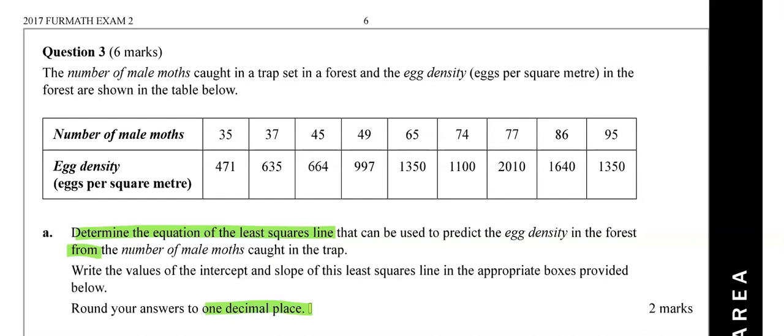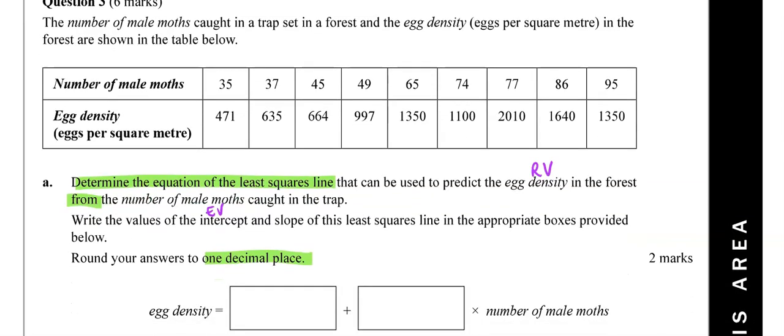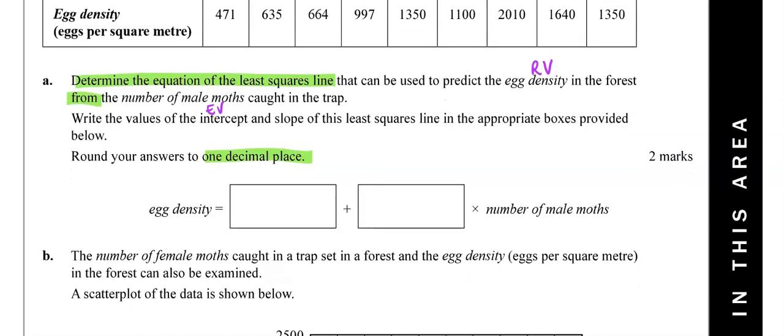But before we have to think too much, there's 2 giveaways, or actually 3 giveaways on this page. Firstly, we've got the way that the information is structured in our question. We're predicting egg density from the number of male moths. So that should tell us that egg density is our response. The second place where we can see that is in the format that they've given us to complete the regression equation.